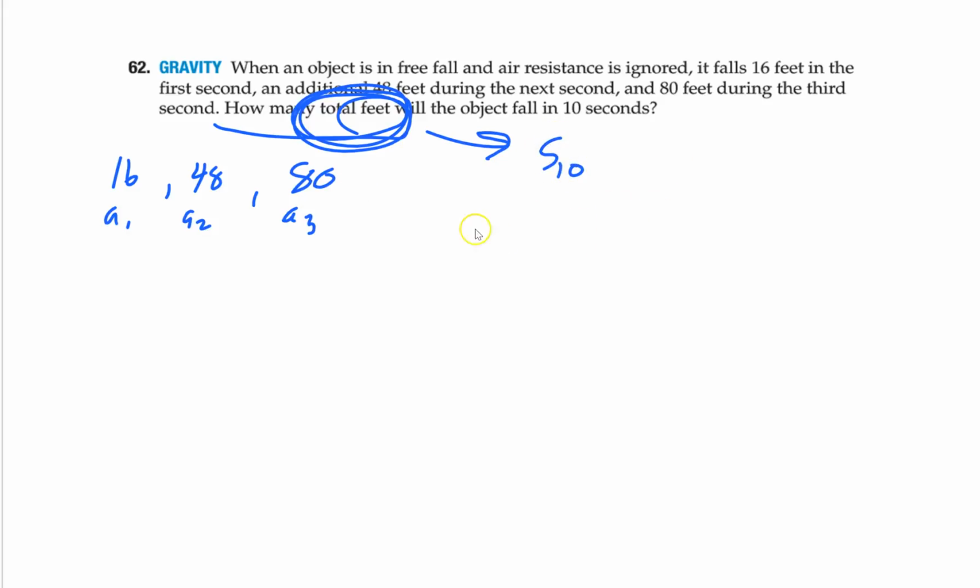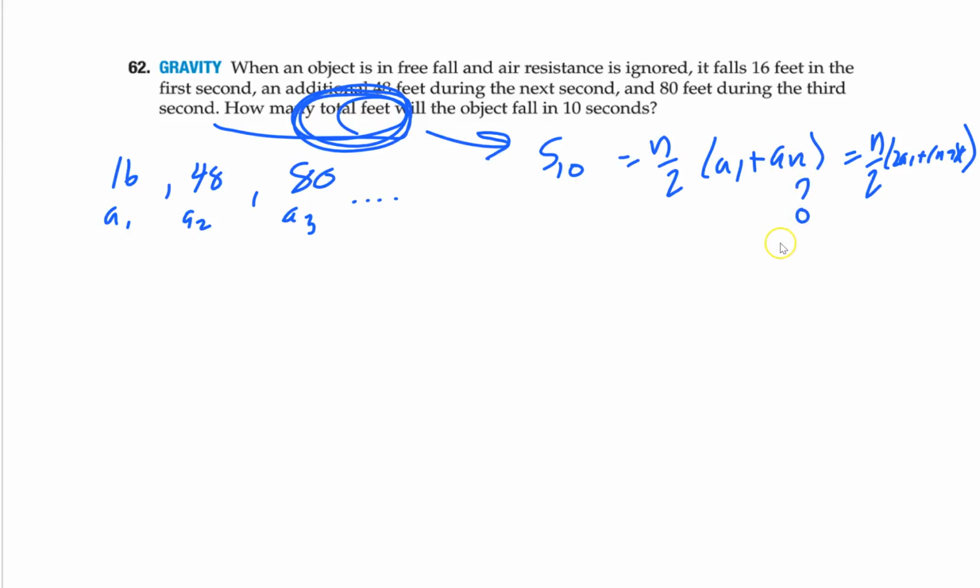Now again, this is one where you can use my favorite formula, right? So for S10, there are two formulas: n over 2 times a1 plus an, or my baby, n over 2 times 2a1 plus n minus 1 times d. Look what you have though. I have a1 is 16, a2 is 48, a3 is 80. I don't have an.